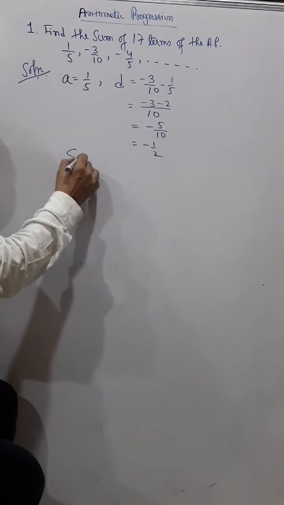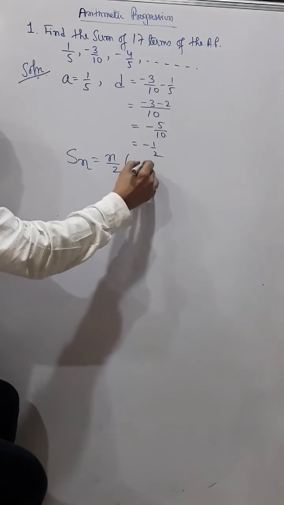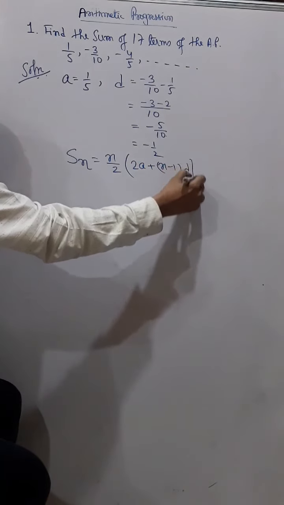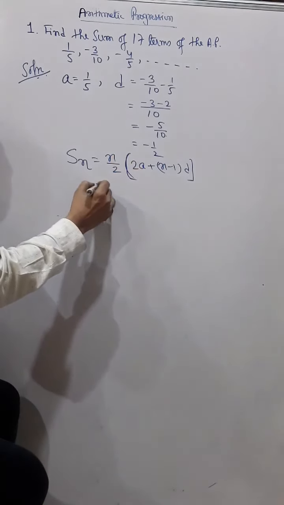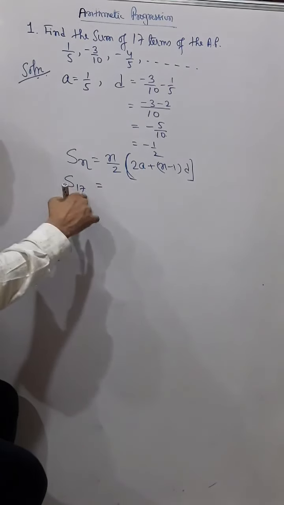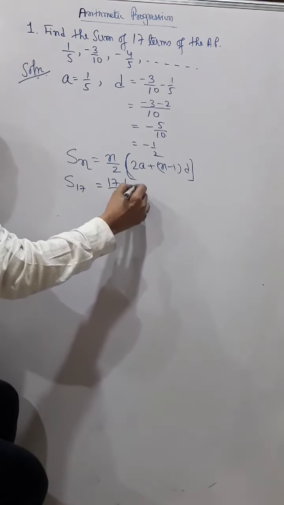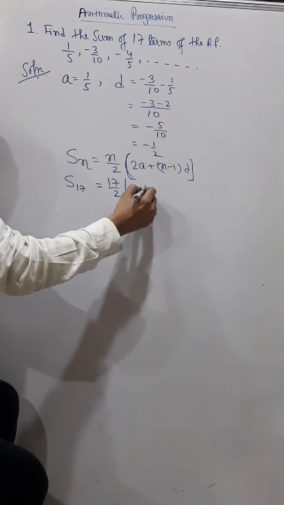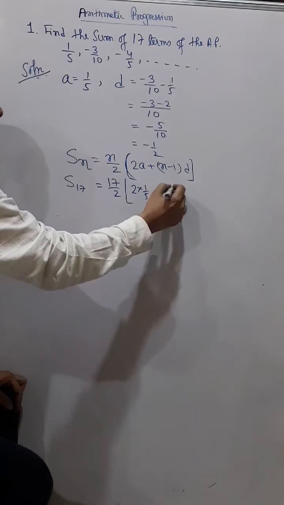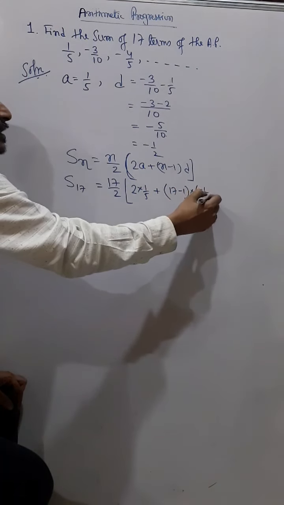Then we find the 17 terms. We know Sn is n by 2 into 2a plus n minus 1 into d, so S17, the sum of 17 terms, is 17 by 2 into 2 into 1 by 5 plus 17 minus 1 into minus half.